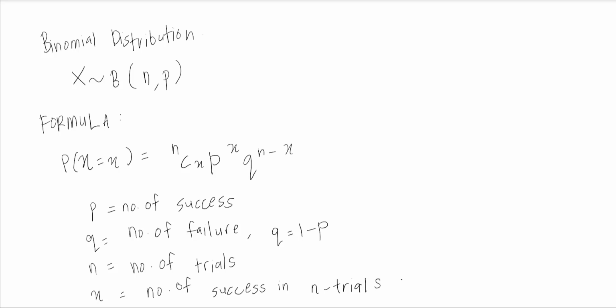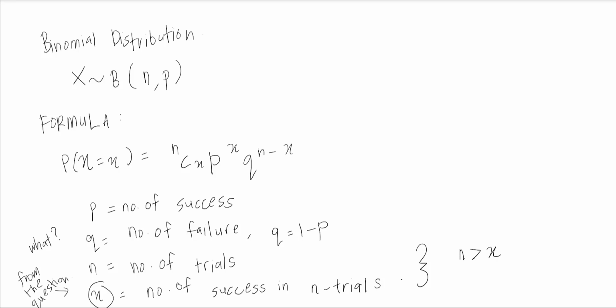In other words, x comes from the question, and you can get your n also from the question. The x is what the question asks for, and n is the number of trials. So we can also say that n must be greater than x.